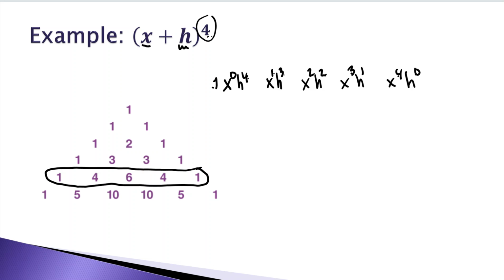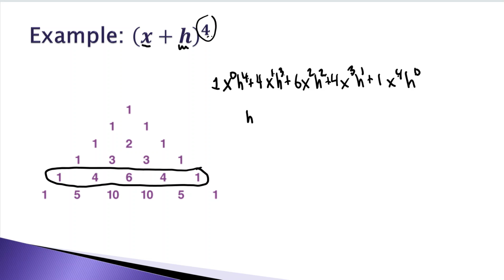So this would be 1 x to the 0, h to the 4th, plus 4 x to the 1st h cubed, plus 6 x squared h squared, plus 4 x cubed h to the 1st, plus 1 x to the 4th h to the 0. And then I would clean this up a little bit.